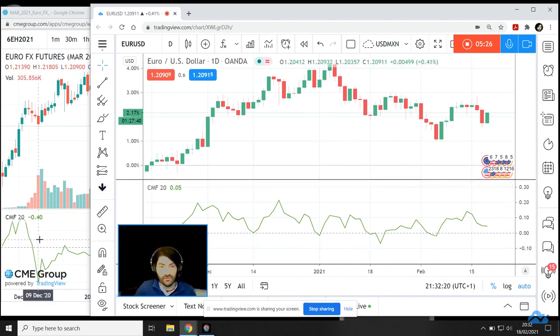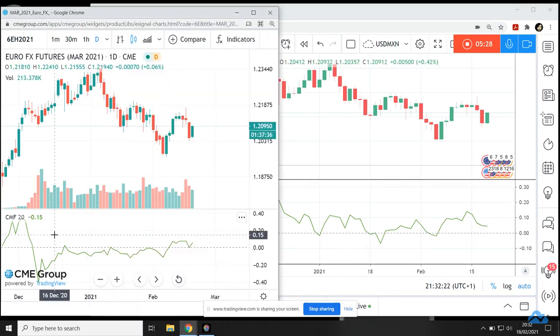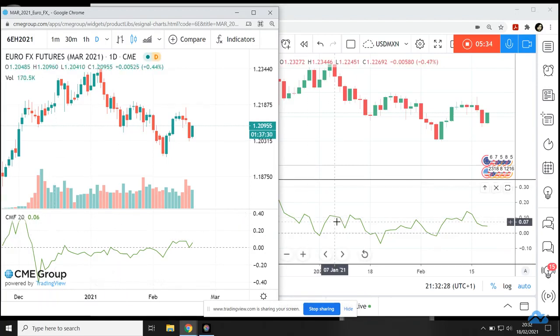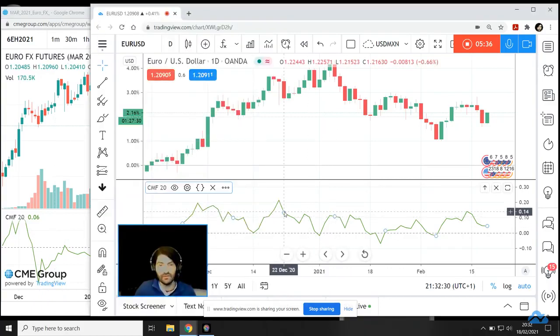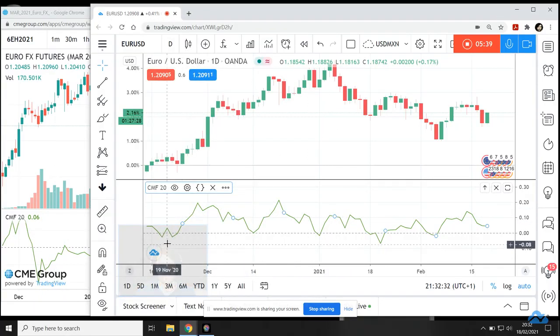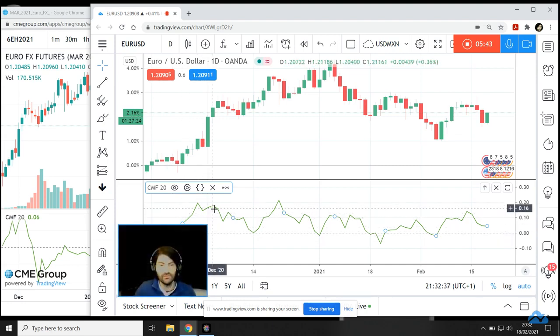So let's go over to this side and check the futures, and you can see that it looks quite different. December was moving down, or rather from the 18th of December, let's say, moving gradually down.